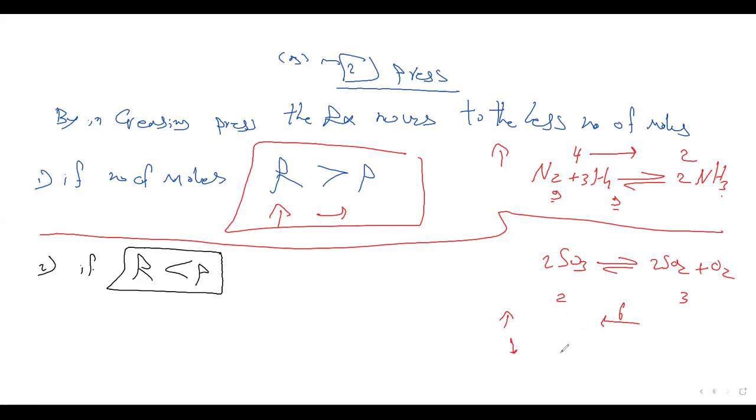If we are lowering from 2 to 3, forward. So in this case, if we need more yield, we need to decrease the pressure to make it move forward. What is the difference between forward and backward? Forward, it means more yield. Backward, it means less yield.